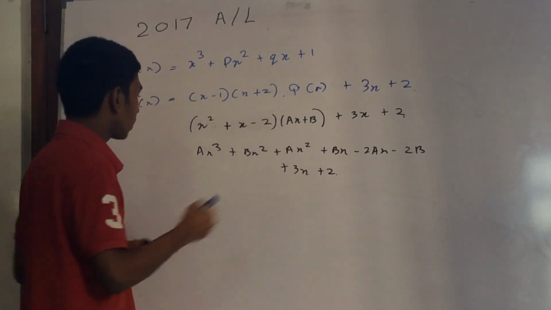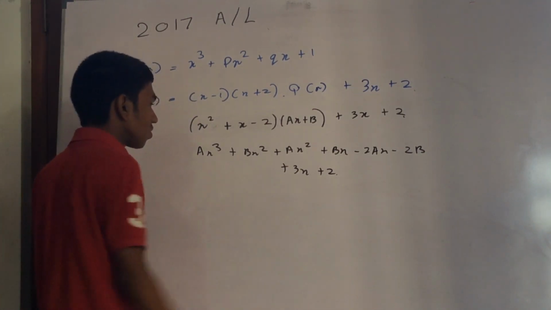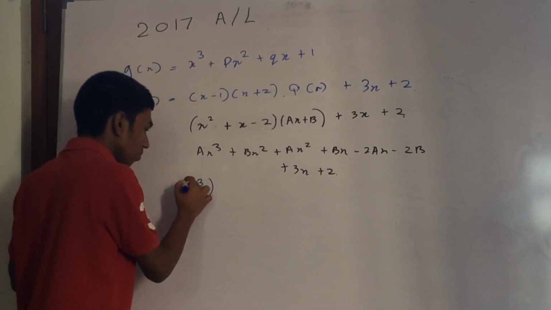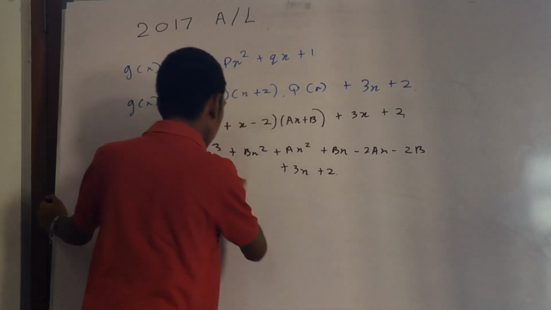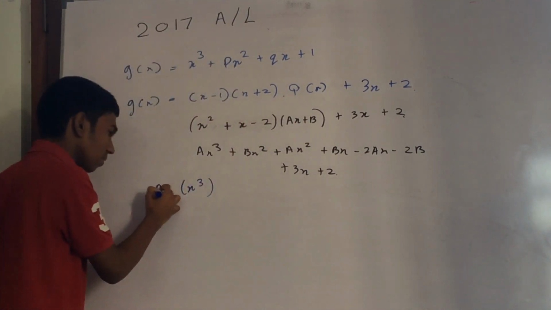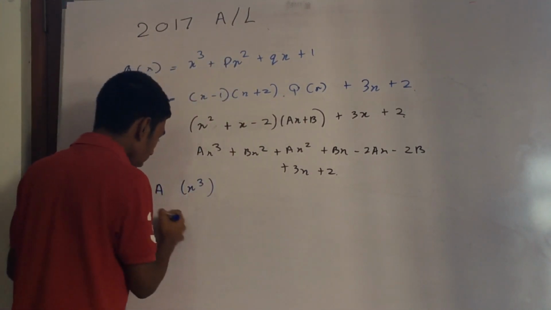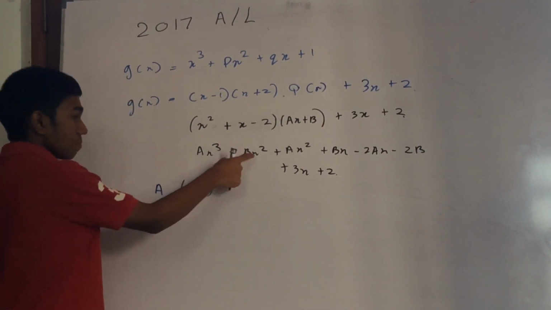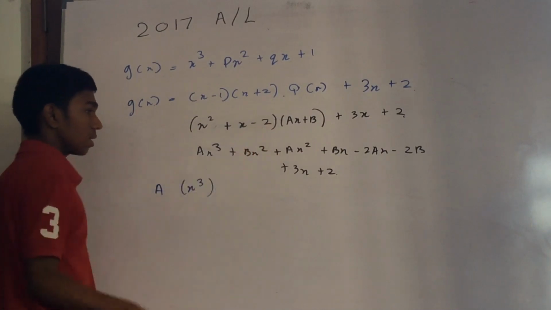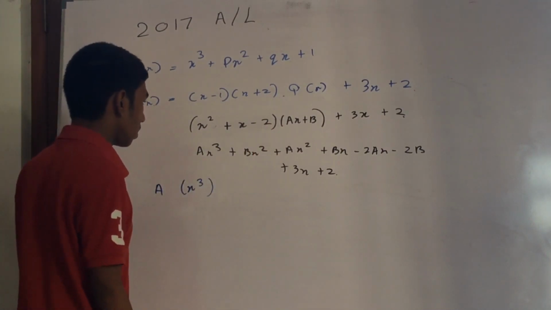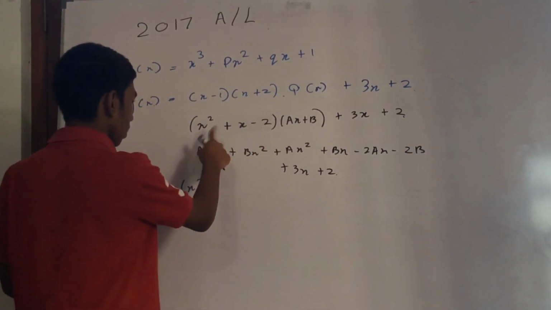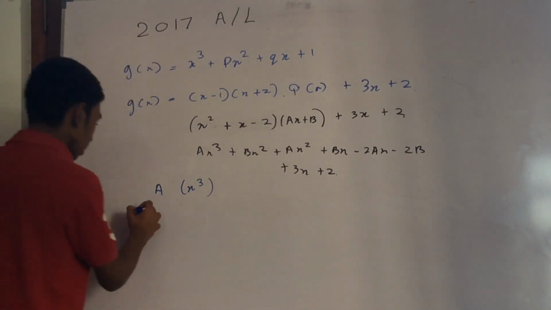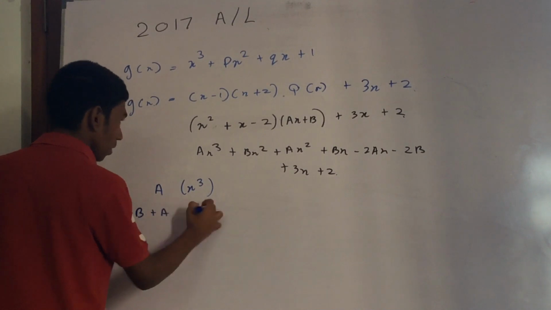Okay, so x cube is here, and the only x cube available is this one, so it will be ax cube. For x squared, bx squared is there, and ax squared is there, so b plus a.